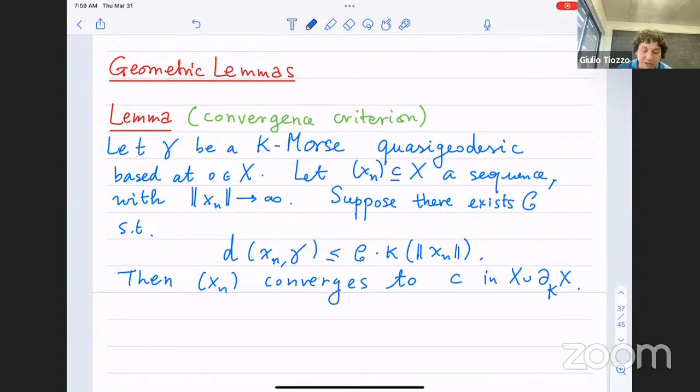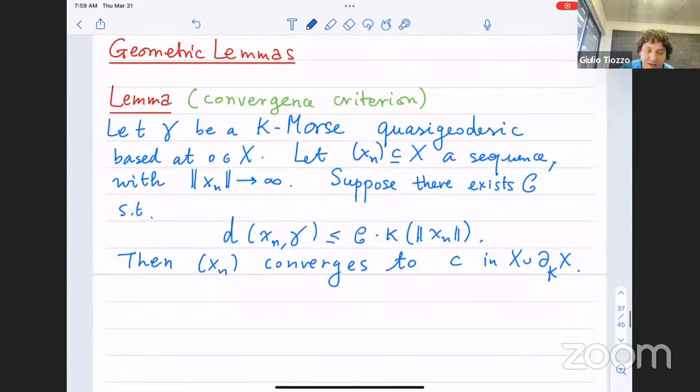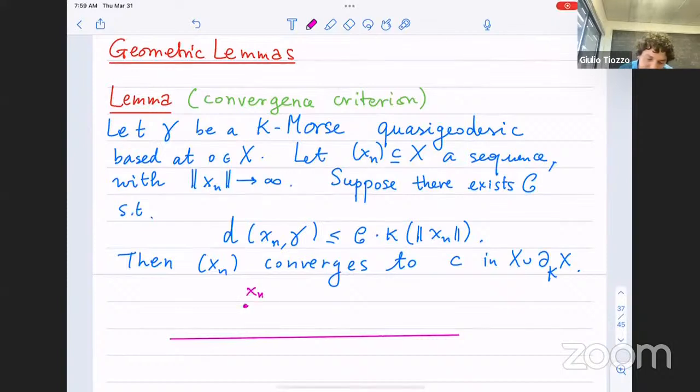Well, basically, if you have an infinite geodesic, and then a sequence of points, x_n, x_{n+1}, x_{n+2}, and so forth, you just want to say that if the distance between these points and this geodesic is sublinear with this rate kappa, sublinear with respect to what?